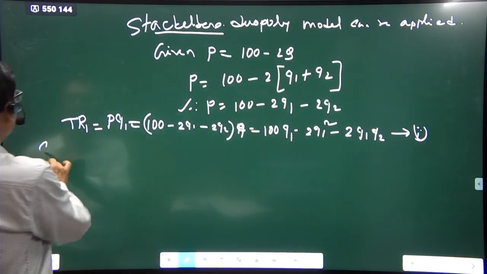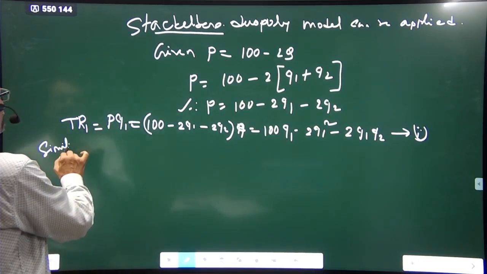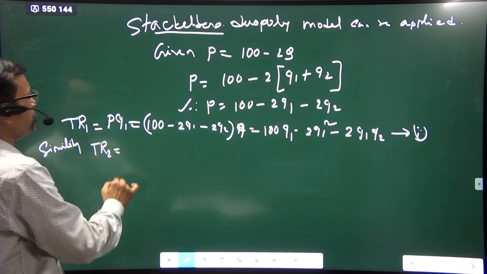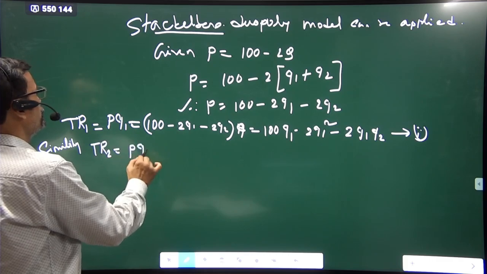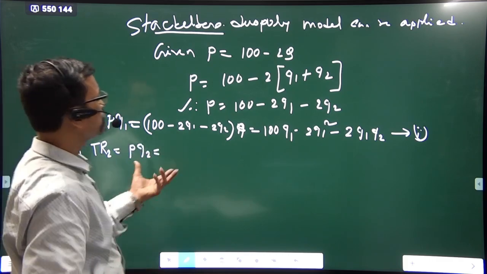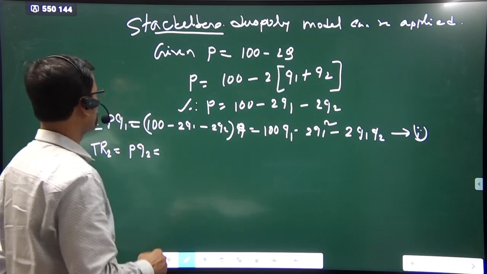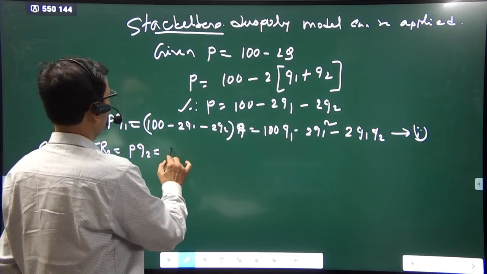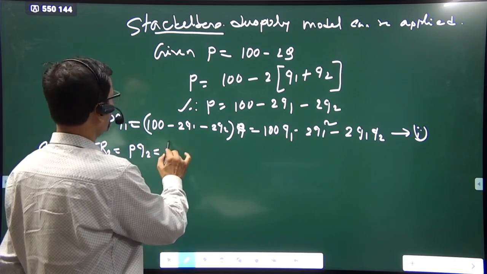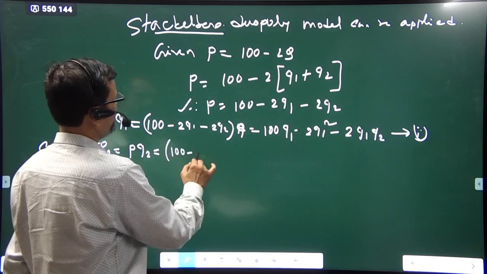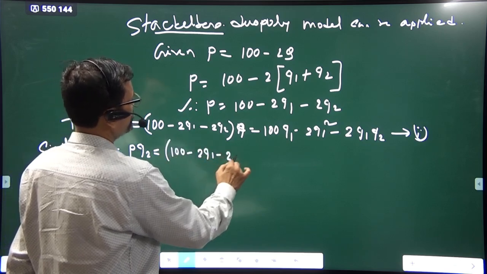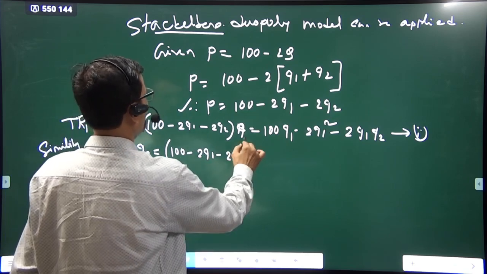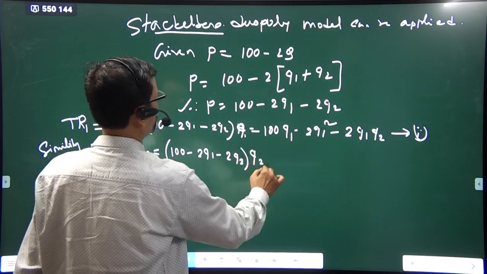Similarly, we can calculate the total revenue for firm 2. That is 100 minus 2Q1 minus 2Q2, multiplied by Q2.